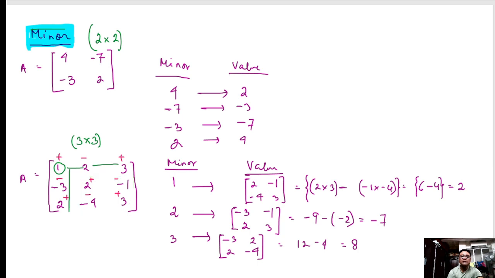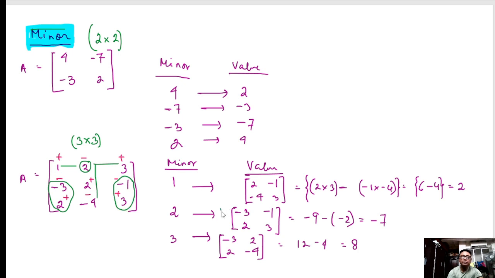Okay, next, if I choose 2, what is the minor? Don't choose its column or row. So what you have to choose is this and this.